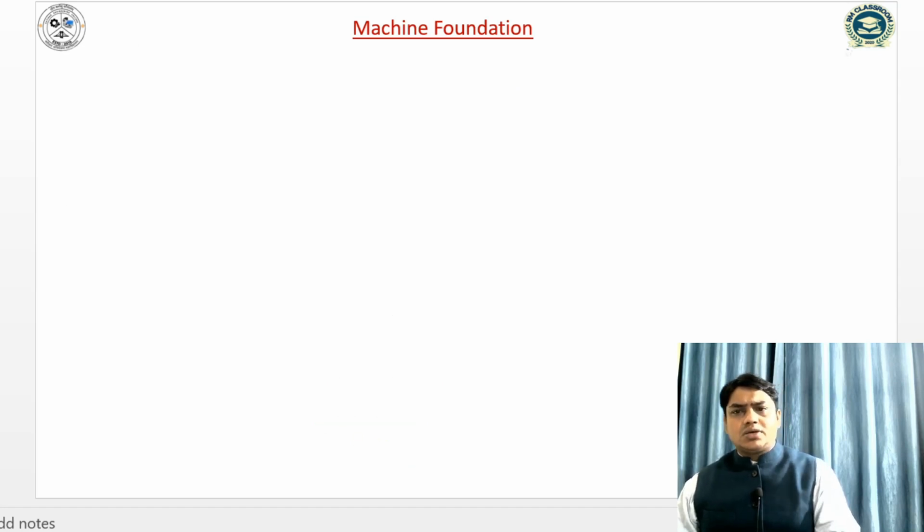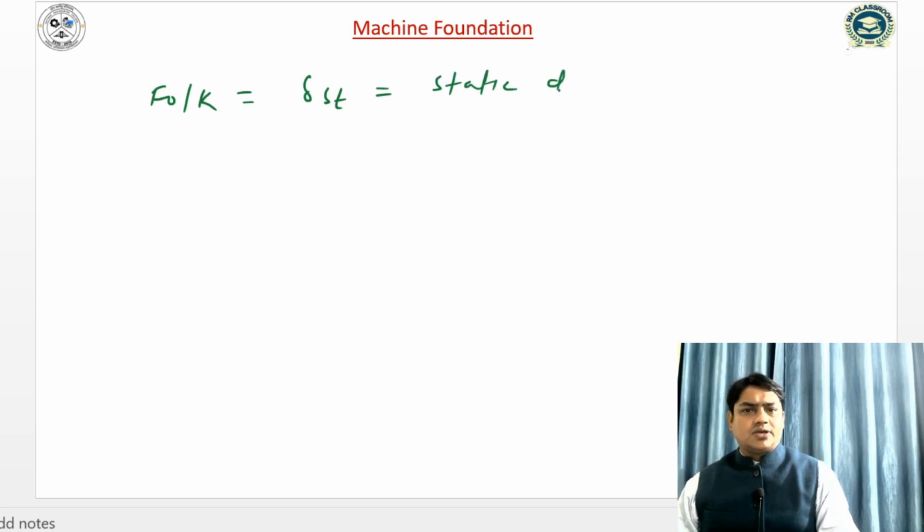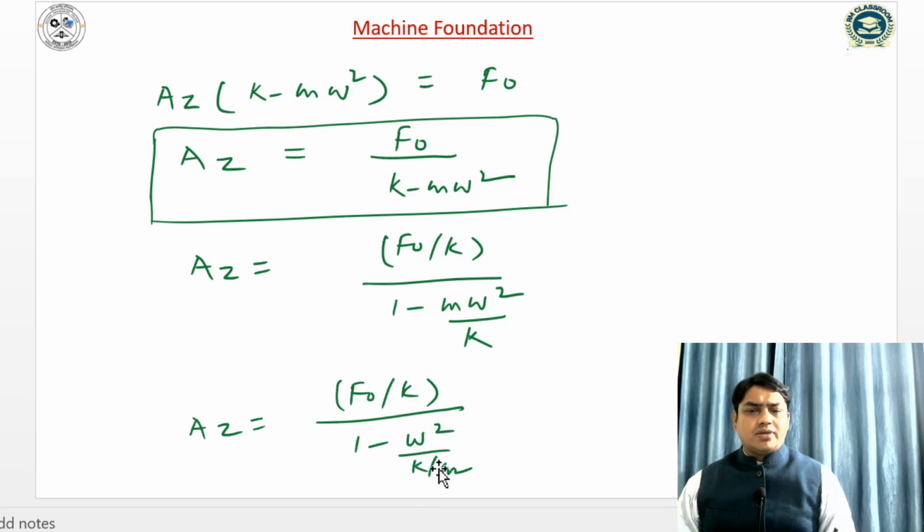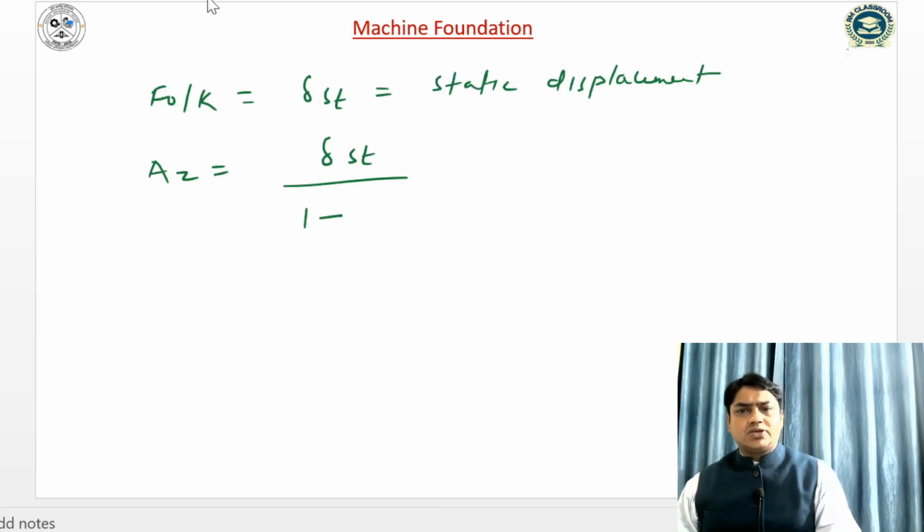Here F naught by k is delta st, the static displacement. So we can write Az is equal to delta st divided by 1 minus omega square divided by omega n square.